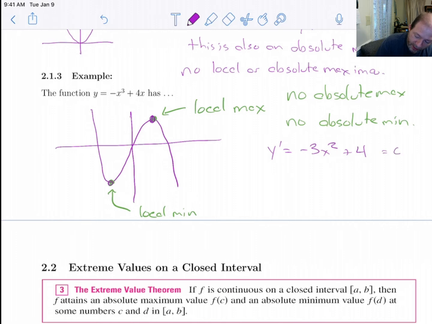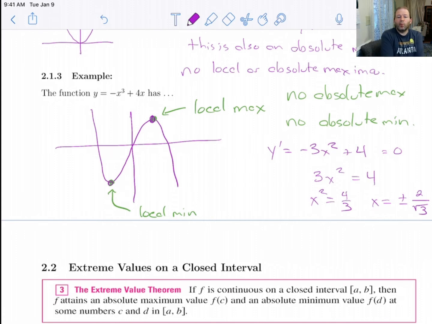If I set it equal to 0, I get 3x squared equals 4. So x squared is 4/3. So x is plus or minus square root of 4, which is 2, over the square root of 3. That tells us where these max and mins are located.